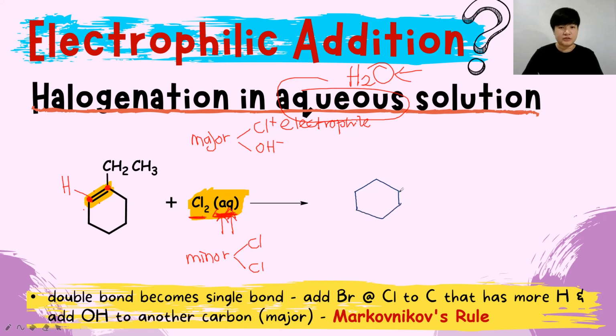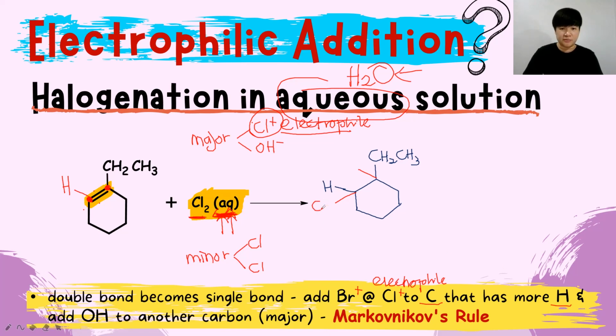I want to remind you again, nothing changed except the double bond becomes a single bond. The carbon that held the double bond just now will have a new friend, both of them. The Cl positive will be added to the carbon that has more hydrogen, because your electrophile, Br plus or Cl plus, must be added to the carbon that has more hydrogen.